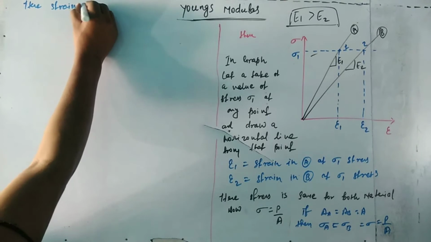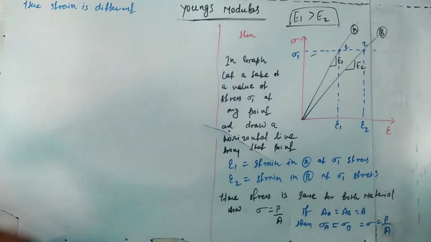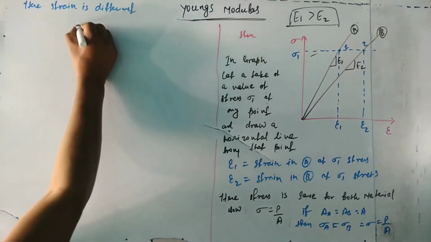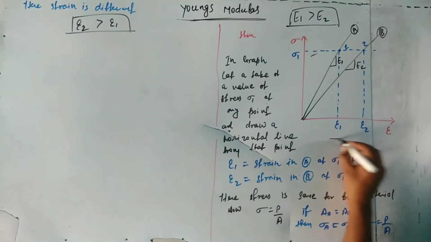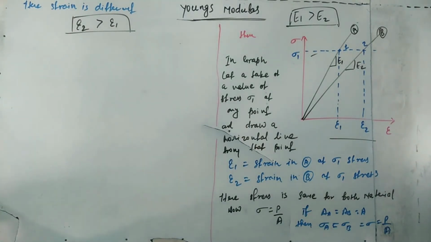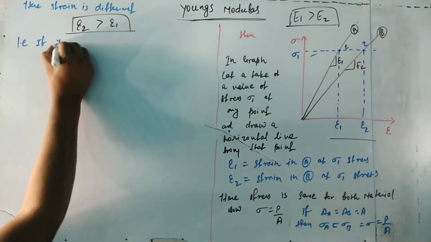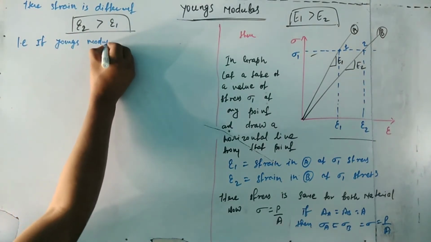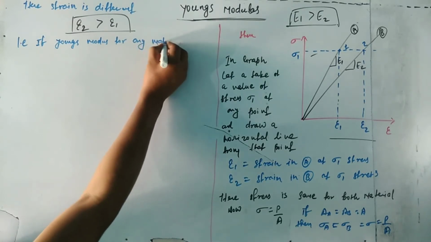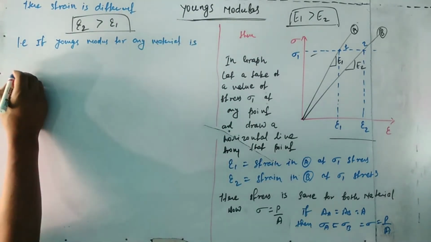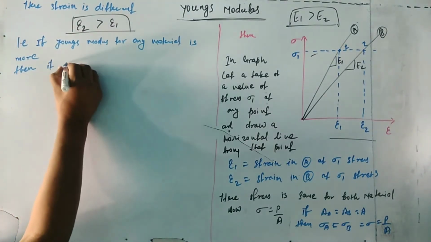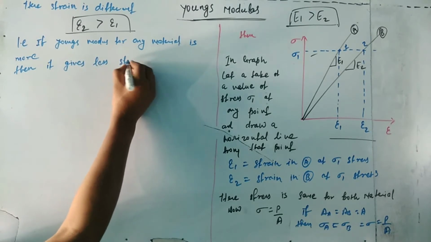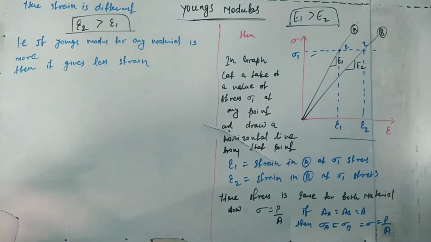Here the strain is different. Epsilon 2 is greater than epsilon 1. The value of strain for body B is greater than the value of strain for body A. So this diagram says that if Young's modulus for any material is more, then it gives less strain when applying load.